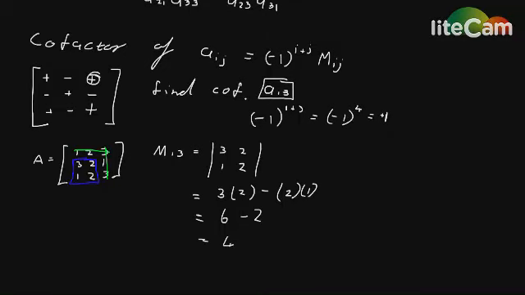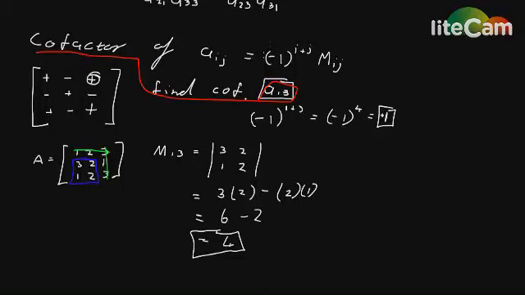Okay, so now we've got our minor, which is 4, and we've got the coefficient of our minor, which is plus 1. So now we've answered our question: find the cofactor of A13.